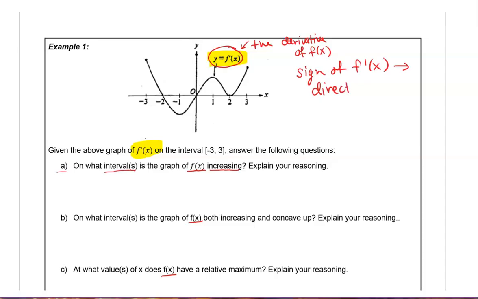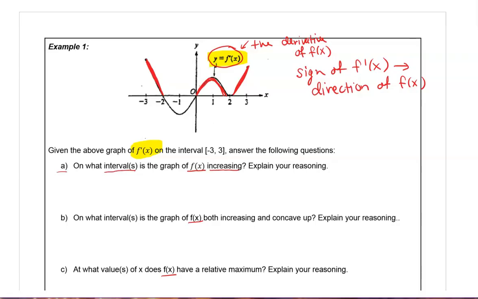So I have to think about the relationship between the sign of f prime and how that tells the direction of f. If I want to know when f of x is increasing, that would be when its derivative, f prime, is positive. I noticed that on my graph here, here's a section where f prime is positive, here's another section where f prime is positive, and then here's a final section where f prime is positive.